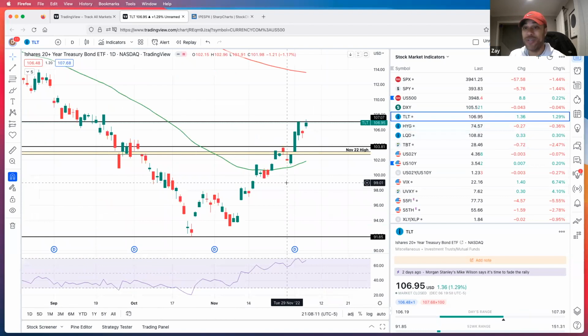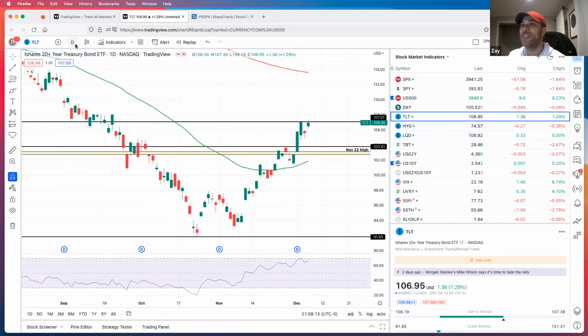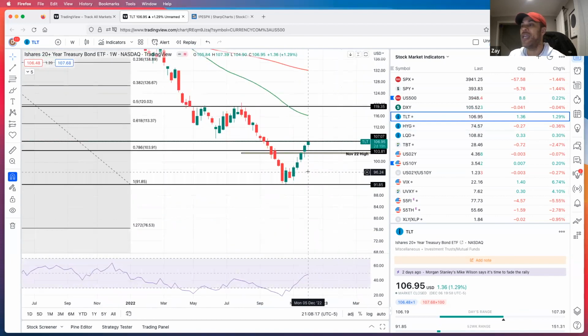Next is TLT. Now we talked about TLT actually being more than just an indicator to gauge the market's health. The bonds would have to be looked at more as a flight to safety, is what I think I talked about last video, how there could be a divergence where the market doesn't keep performing, but yet the bonds keep going up.